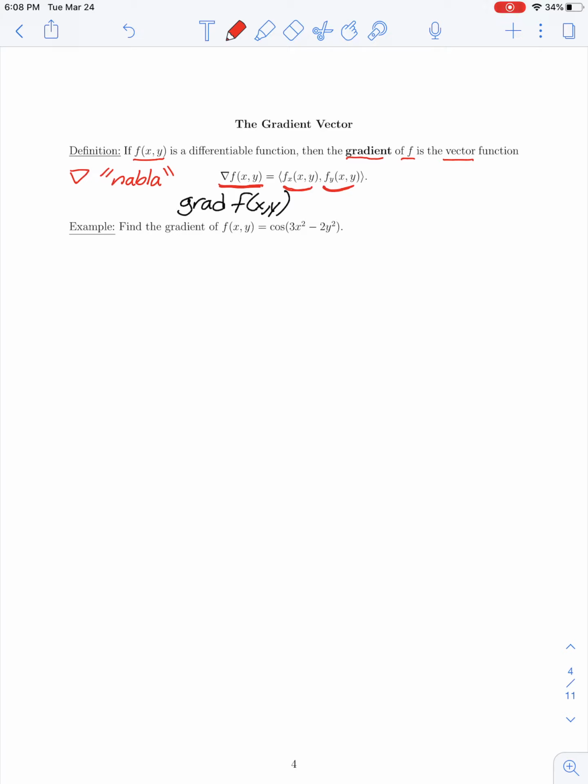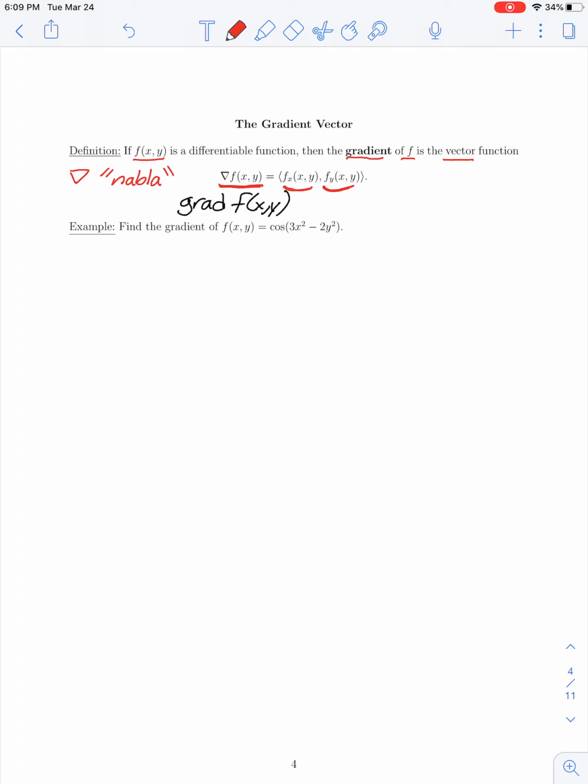So the gradient vector is a vector whose component functions are the partial derivatives of the function we were given. So really, any problem that's asking for a gradient vector of a function is just asking us to find its partial derivatives and put them into the components of a vector. So let's get a little practice with finding gradients.